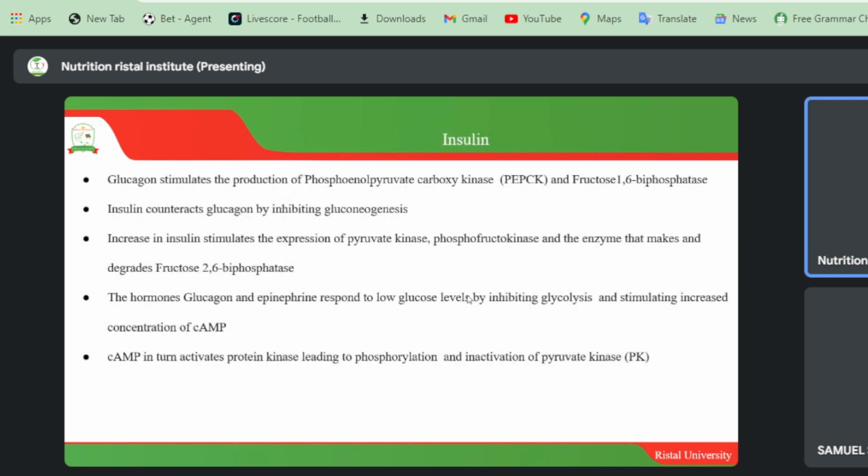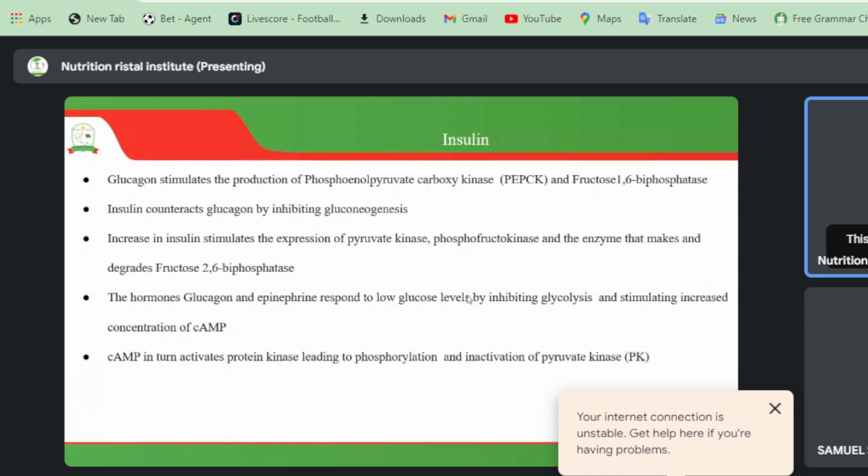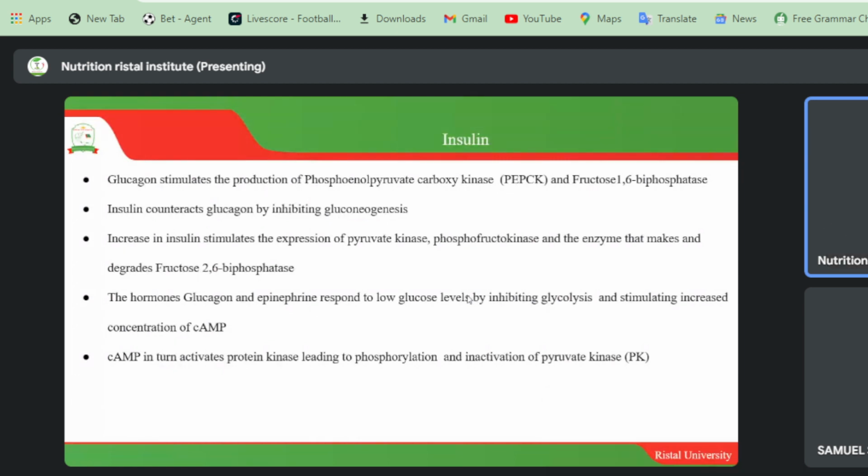And then insulin is one of the hormones that, unlike glucagon, which stimulates production of phosphoenolpyruvate carboxykinase, inhibits gluconeogenesis. So this hormone works in the opposite way, an antagonist, like I've mentioned many times, an antagonist to glucagon.